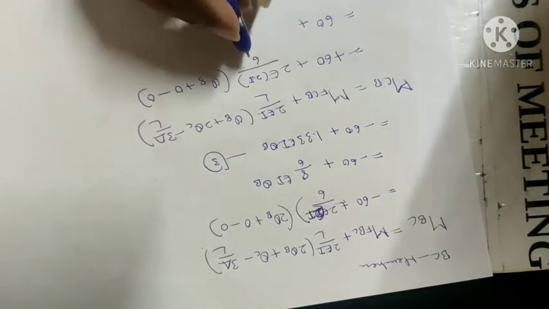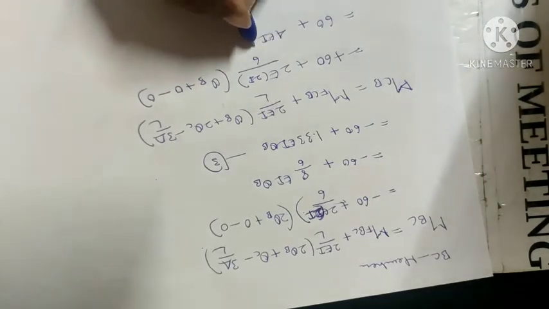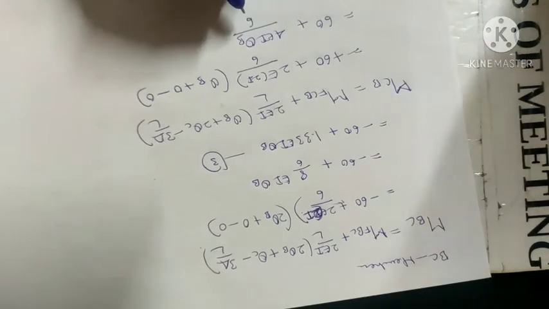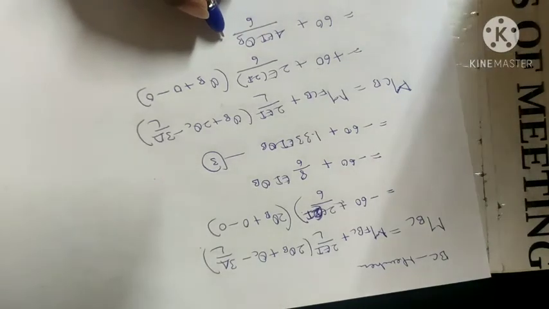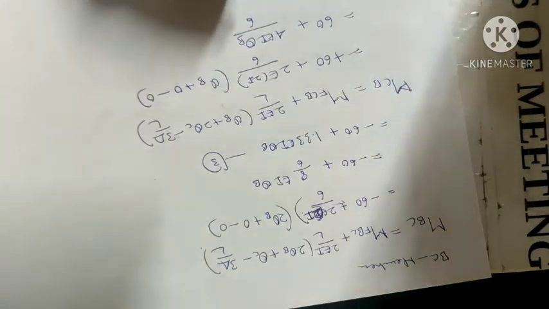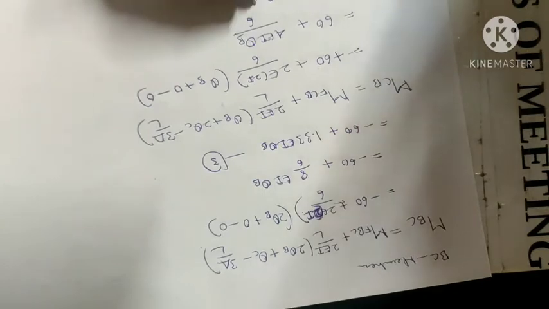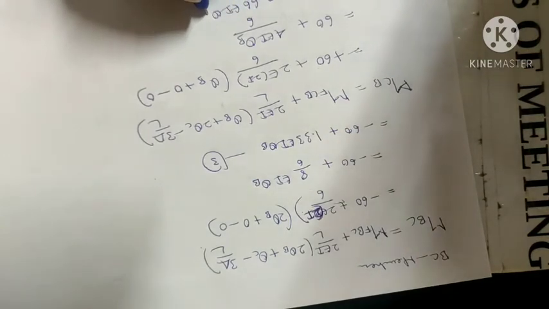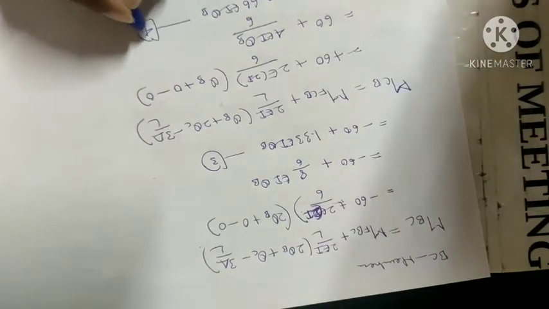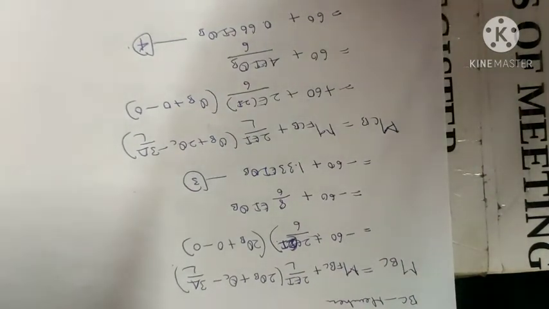So 60 plus 4 by 6 EI theta B, and 4 by 6 is 2 by 3. So it will be 60 plus 0.66 EI theta B. This is equation 4. So you found 4 equations.